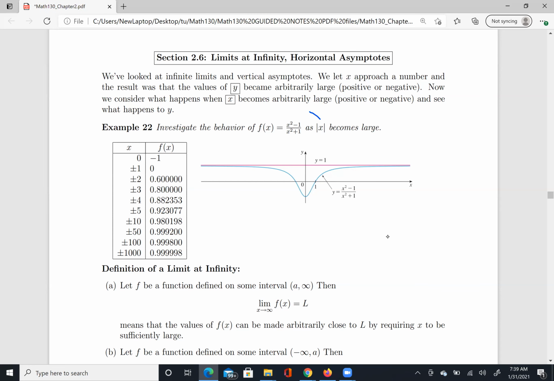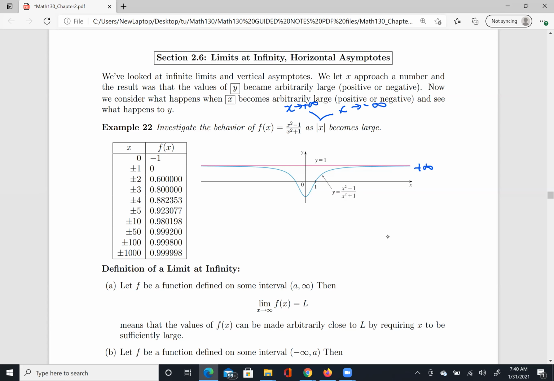It means when x goes to positive infinity or when x goes to negative infinity, right? When x goes to positive infinity, it should be on the right hand side of the x-axis. It just keeps going.